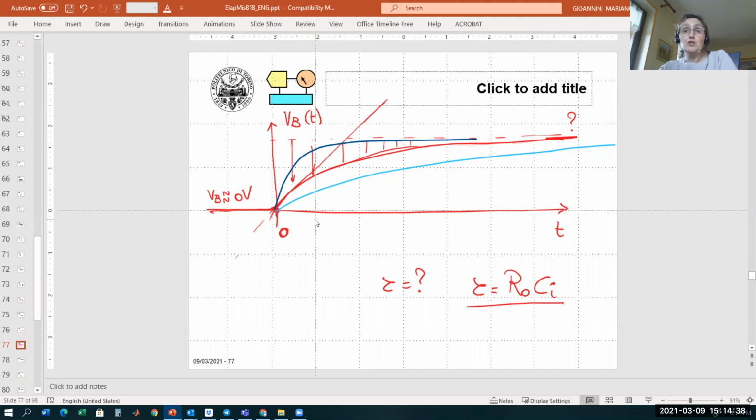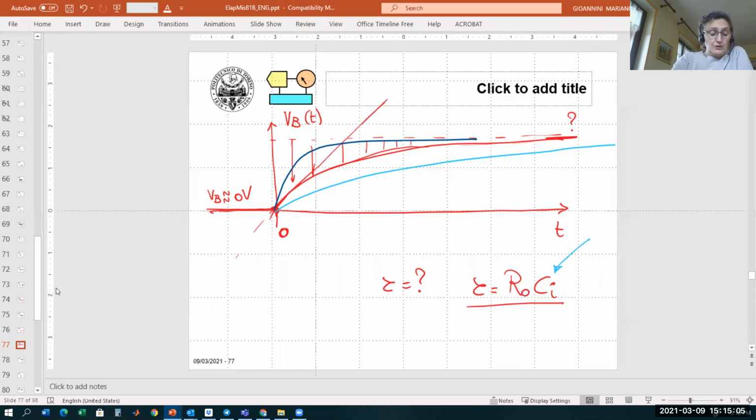So now, let's remember the original problem. We have now realized that the equivalent input capacitance, those parasitic capacitances of the MOS, makes this transient longer or shorter depending on its value.